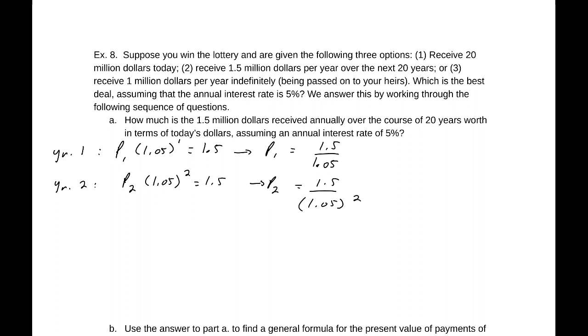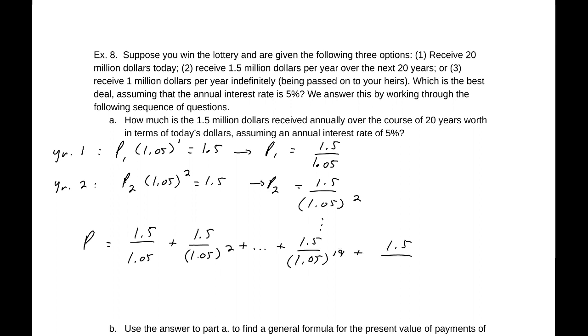All right, so the value over those 20 years, it continues in that way, would be 1.5 over 1.05 plus 1.5 over 1.05 squared plus all the way up to 1.5 over 1.05 to the 19, 1.5 over 1.05 to the 20.